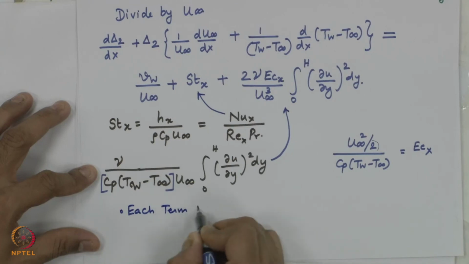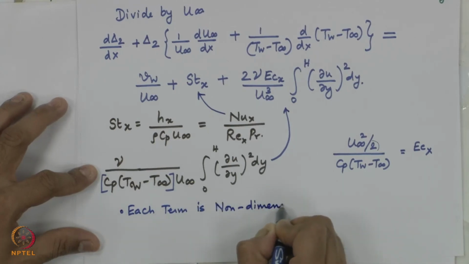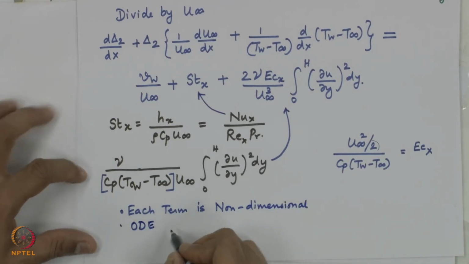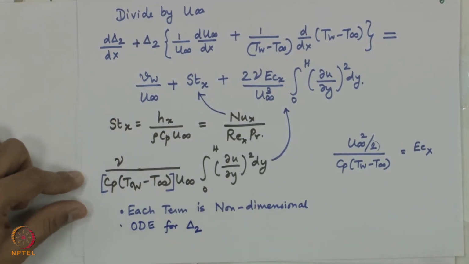Each term is non-dimensional, you can check that. It is an ordinary differential equation in x as the independent variable and delta 2, the enthalpy thickness, as the dependent variable.